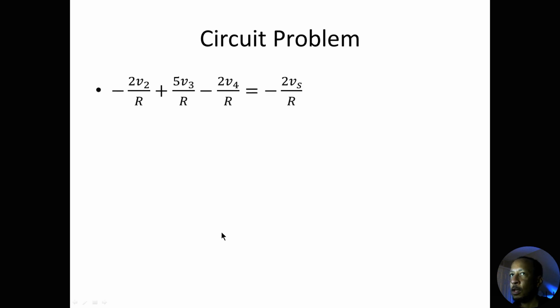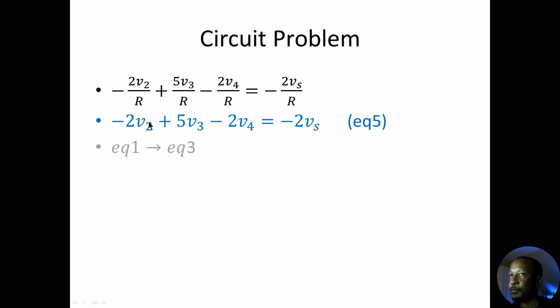Okay, so next we have negative 2 V2 divided by R plus 5 V3 divided by R minus 2 V4 divided by R equals negative 2 Vs over R. And so finally, when we simplify that a little bit more, we end up with negative 2 V2 plus 5 V3 minus 2 V4 equals negative 2 Vs. That's going to be our equation number 5.